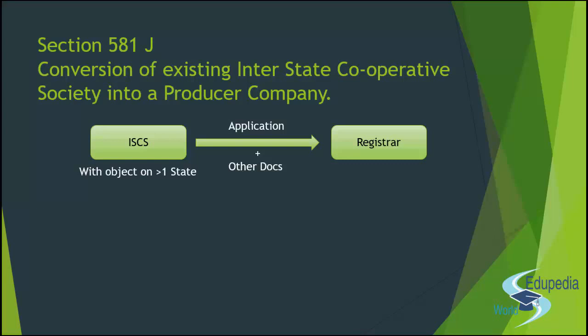Whenever the registrar is satisfied that all the requirements of the Companies Act have been fulfilled, plus there is no other variation, so requirements of conversion have been fulfilled, documents are in place, no variations, then the registrar can go ahead and register those memorandums, articles and other documents of the cooperative society.